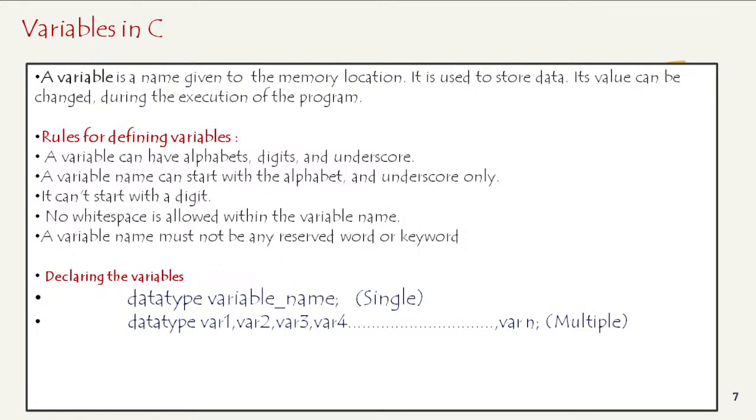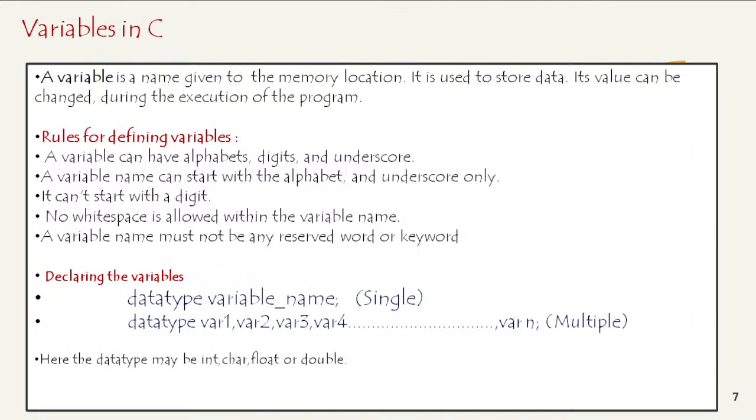Suppose we want to declare multiple variables of similar type, then we can use the extension of this syntax: data type variable 1, comma, variable 2, comma, variable 3, comma, variable 4, and so on up to variable n. By this syntax, we can declare any number of variables of the same data type in a single line in C programming language.